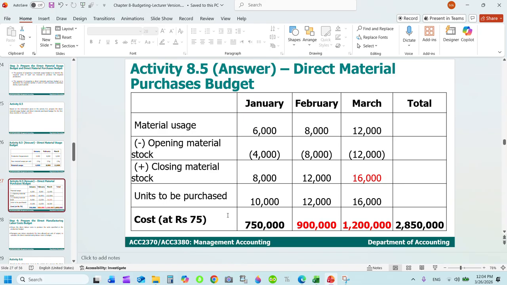There's no additional column for price, but you can understand that sometimes the price may vary for each month, or you may expect the purchase price to change, in which case you need to incorporate price in a separate row applicable to each month, right? In this case we don't need to put price in a separate row, because price is constant.